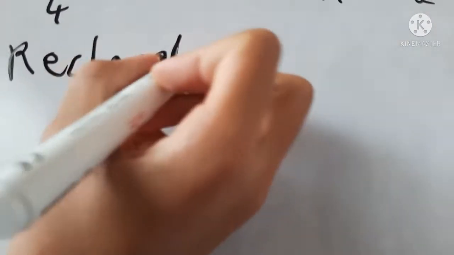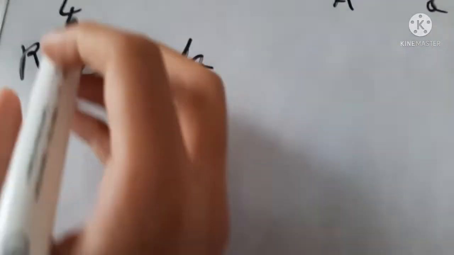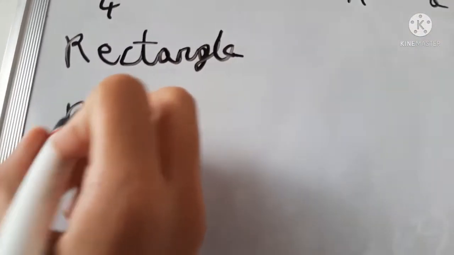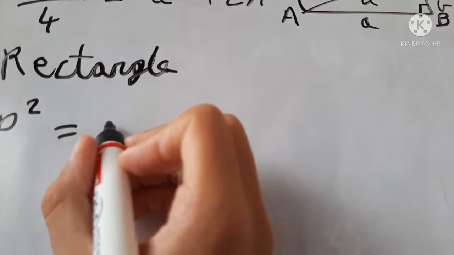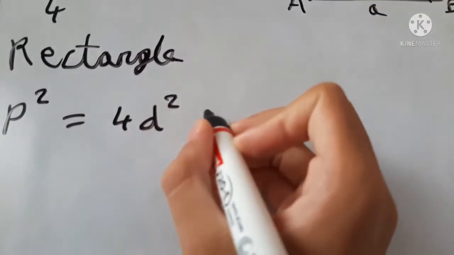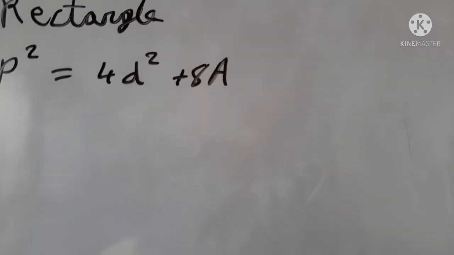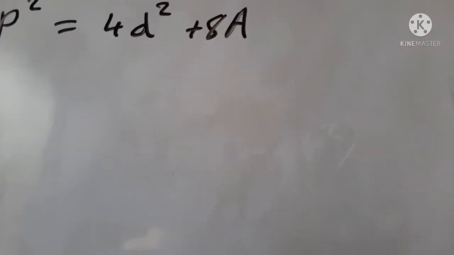For a rectangle we have this equation. So p squared is 4d squared plus 8a, multiplying both sides by 4.